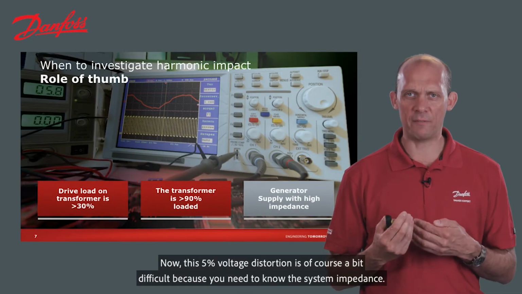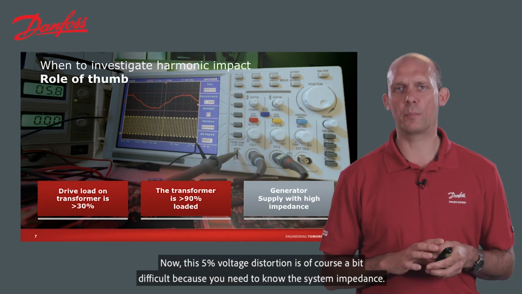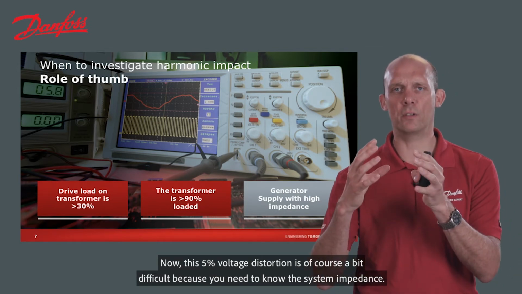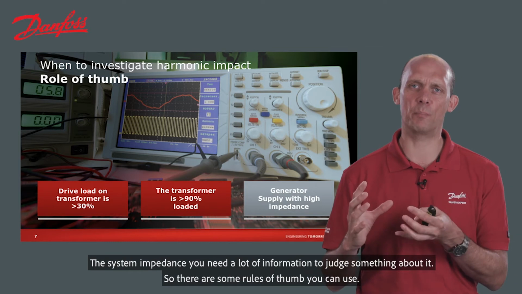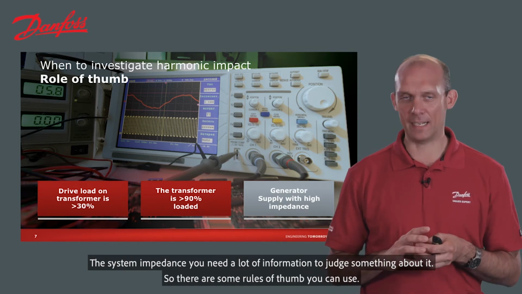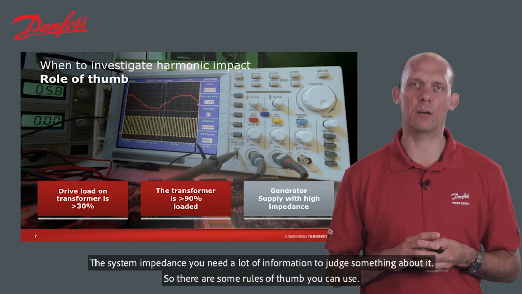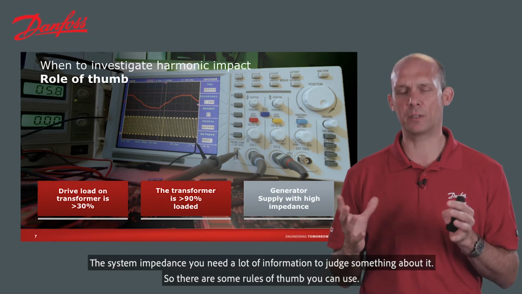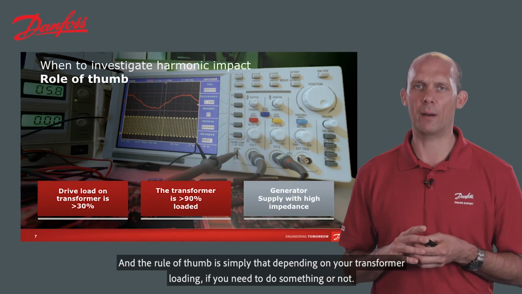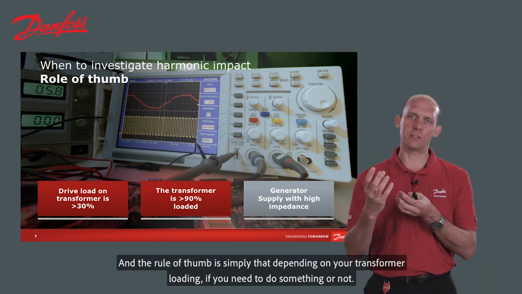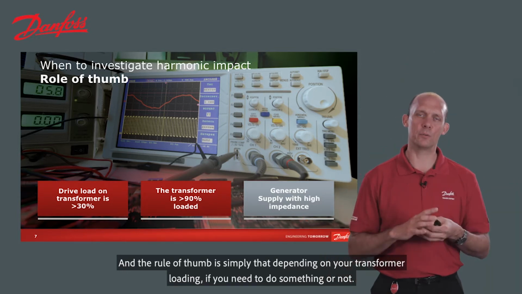Now this 5% voltage distortion is of course a bit difficult because you need to know the system impedance. And for the system impedance, you need a lot of information really to judge something about it. So there are some rules of thumb you can use. The rule of thumb is simply that depending on your transformer loading, you may or may not need to do something.